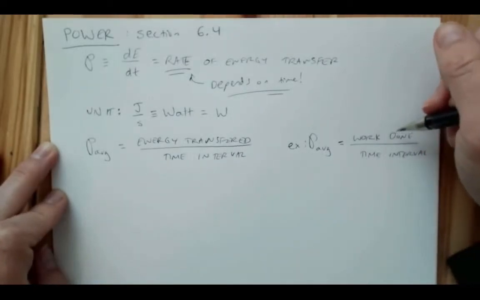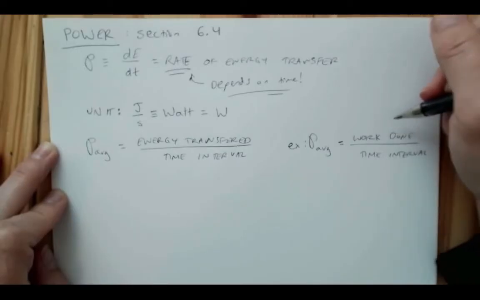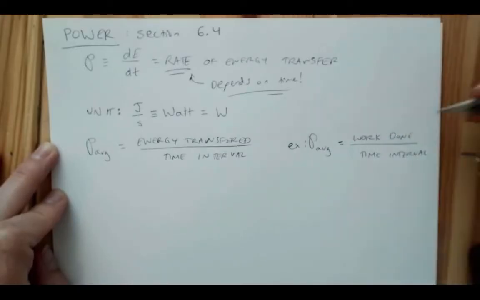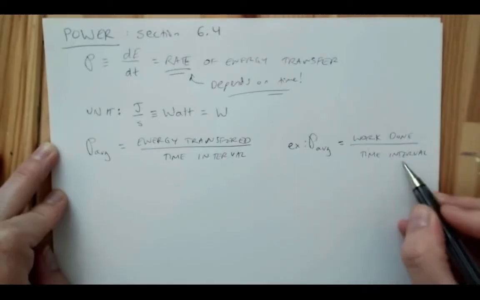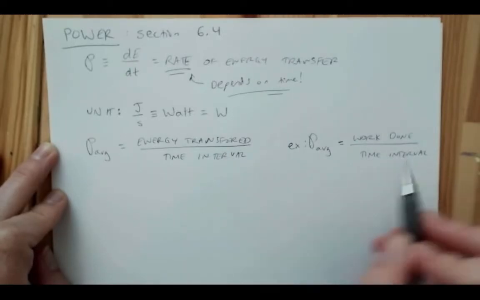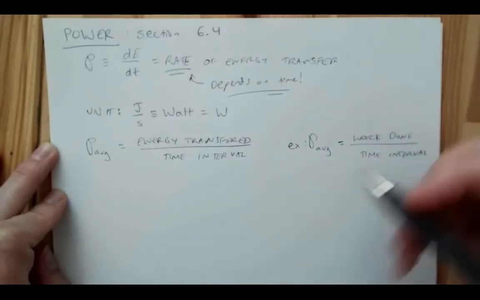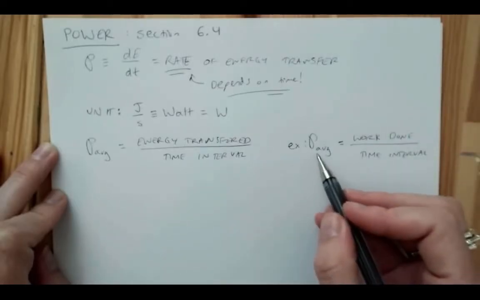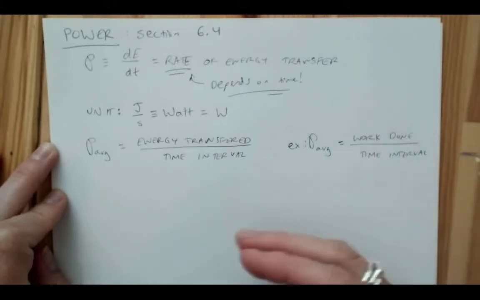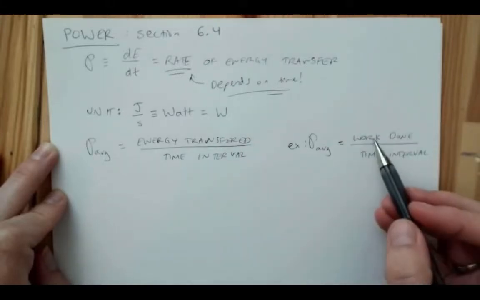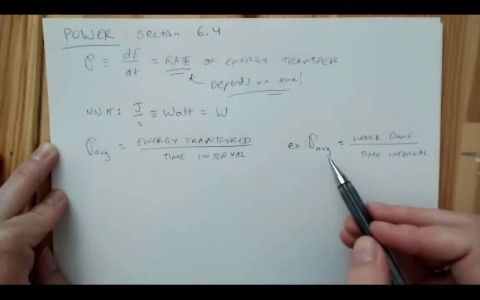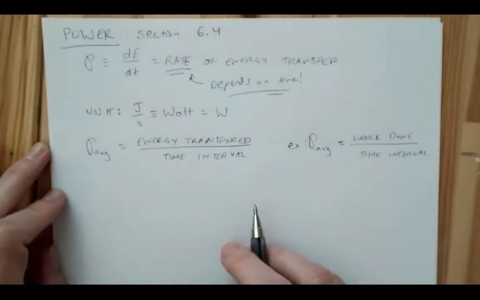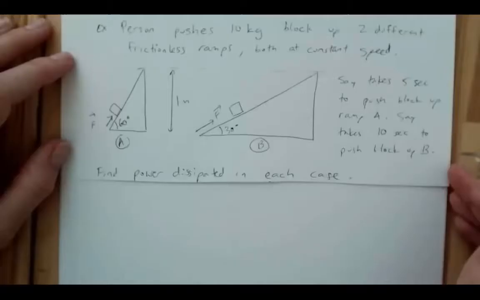Remember, the definition of work involves the force applied and the distance that it traveled, but nothing about the time it took. If it took a small amount of time to move a box across a table, that would be more power. If you moved it very slowly, you might have the same energy transferred in both cases, but the power would be different.